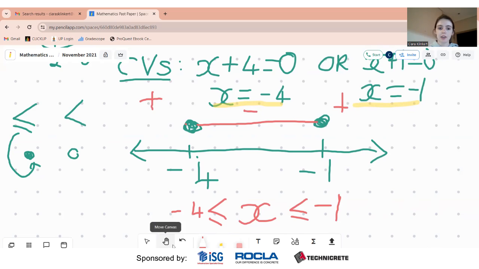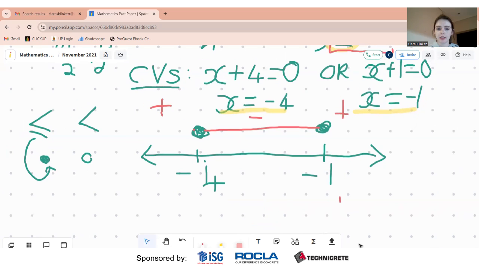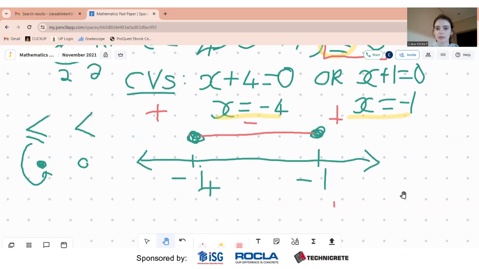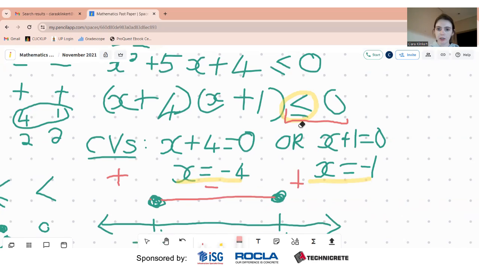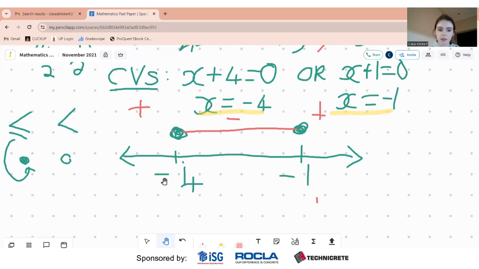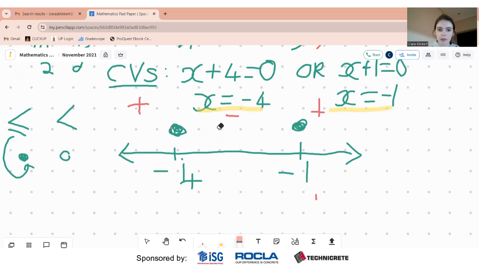Okay. Let's consider the case where we had greater than or equal to 0. So I'm going to change the question. Greater than or equal to 0. Do you agree something that is greater than 0 is positive? So x is going to be in the positive section. And I denote this by drawing an arrow going to negative infinity and an arrow going to positive infinity.